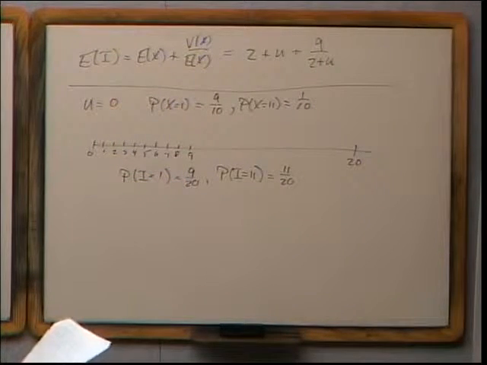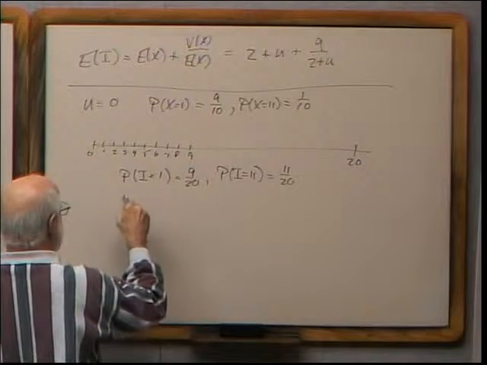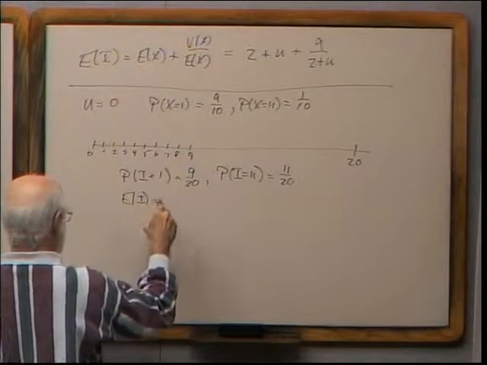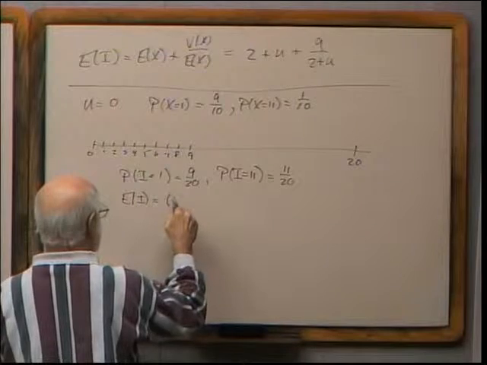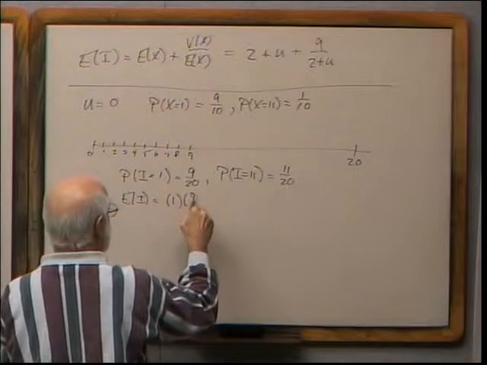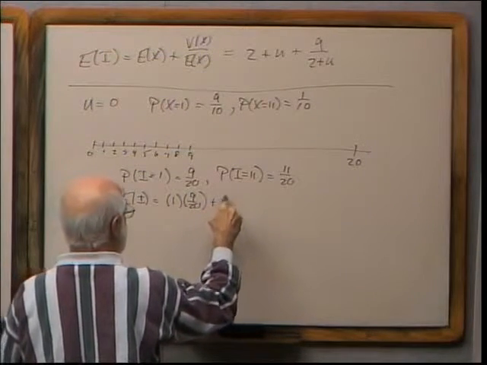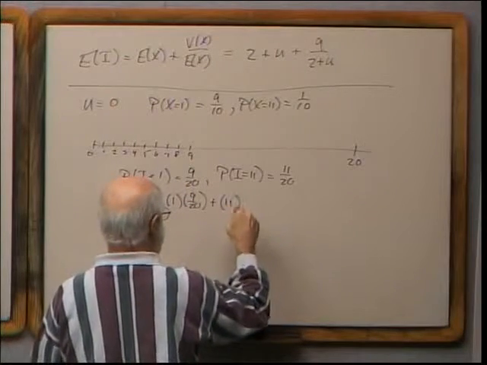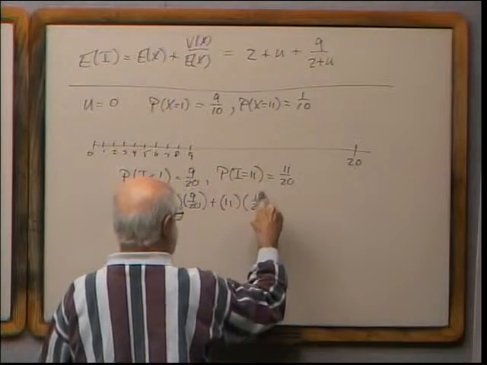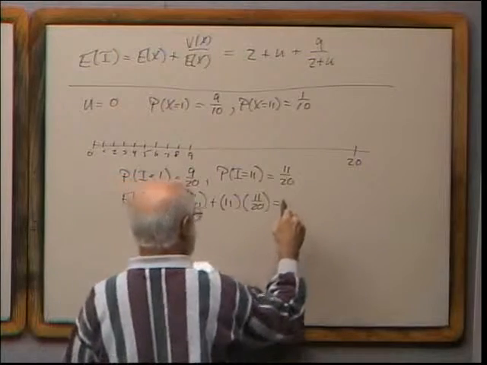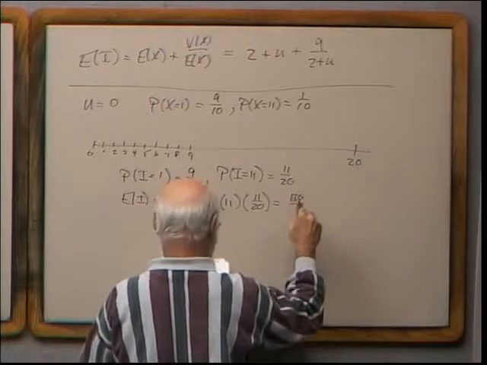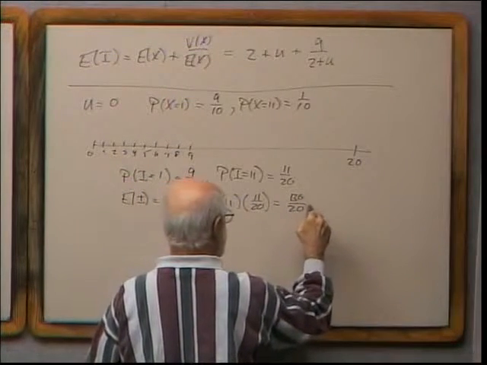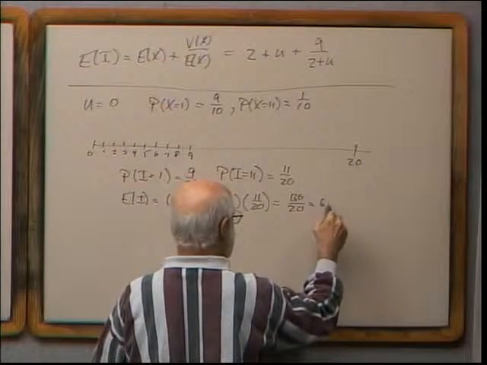Okay, so the expected value of the interrupted interval is the values the random variable takes times the probability it takes those values. By simple arithmetic, that turns out to be 130 over 20, or in other words, 6.5.